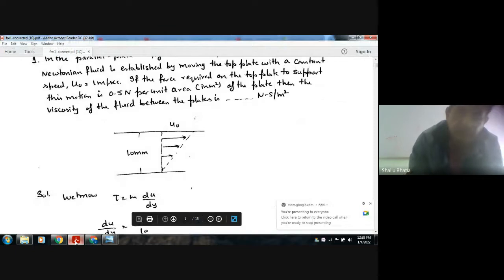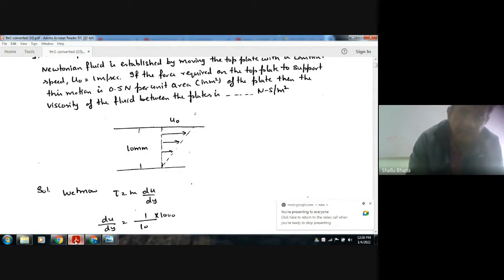The force required on the top plate to support this motion is 0.5 Newton per unit area in meter square of the plate. Then the viscosity of the fluid between the plates is dash dash Newton second per meter square.